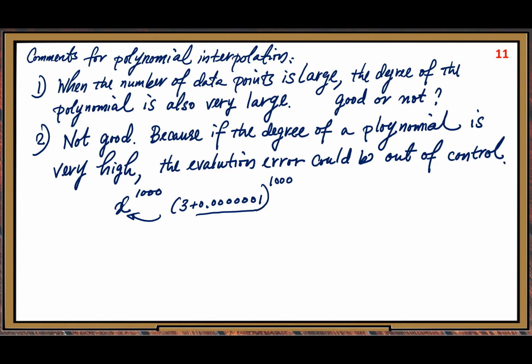We have to truncate a certain number of digits. But when you truncate, that error could be accumulated. After you raise to a high degree power, that error is too big to be ignored. So that's not good.